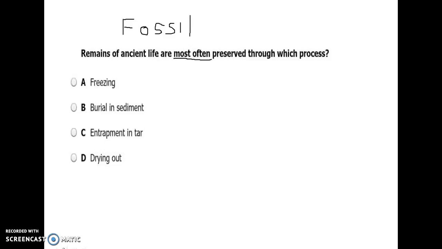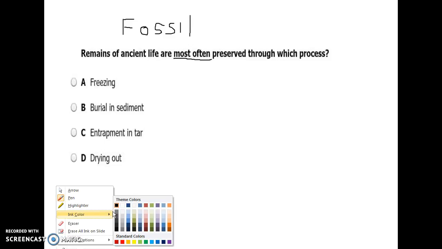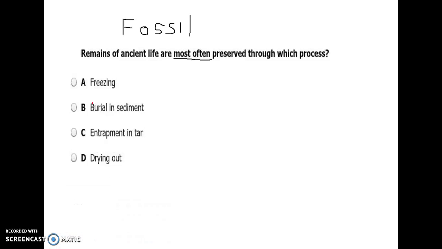So when we look at these answers, there's not ice covering the entire world, so we know it can't be freezing. And when we talk about drying out, that's mummies. So most fossils are not mummified. Now, if we think about how we have to find most fossils, we find most fossils by digging in the ground.